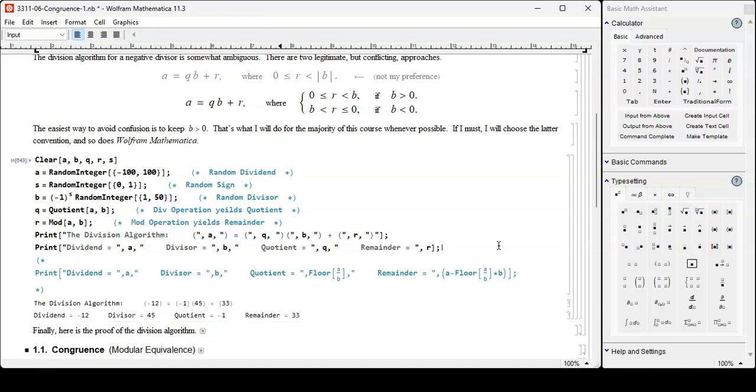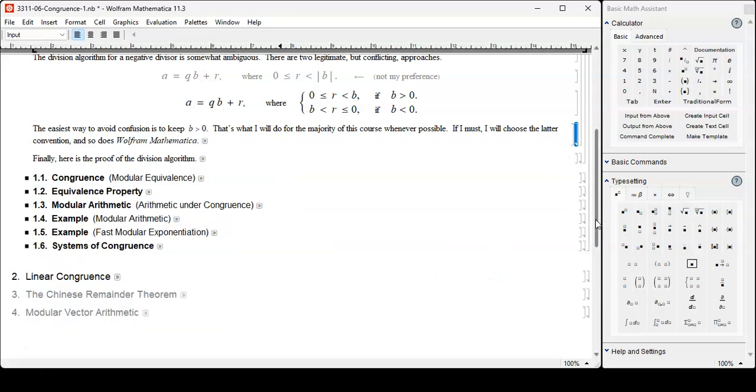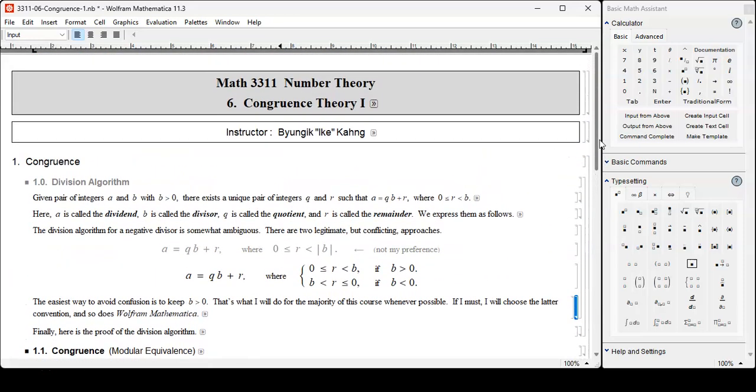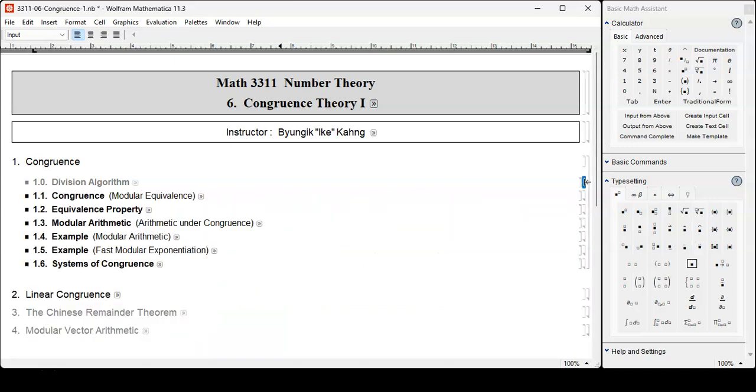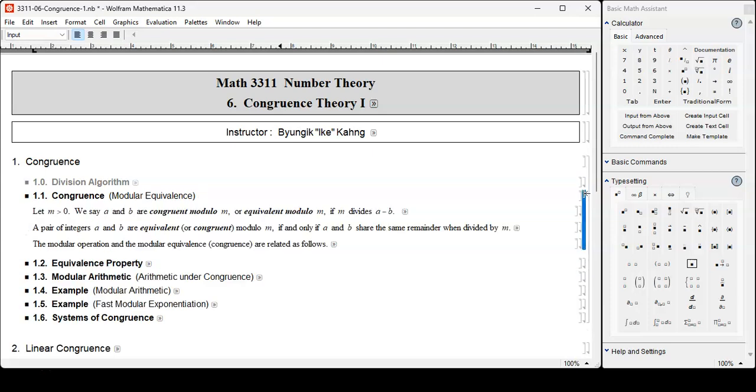Positive divisor, positive remainder, negative divisor, negative remainder. Of course, the remainder can be 0, in which case b divides a. I have no intention of reproving it, so that's it, and we are going to move out of this division algorithm business. And using that, let's define the congruence.